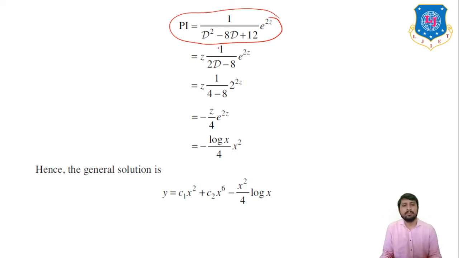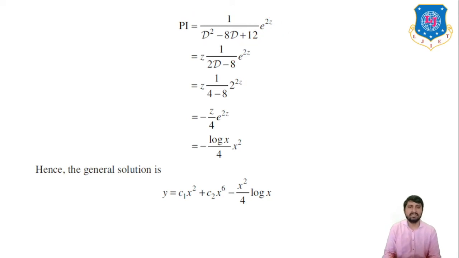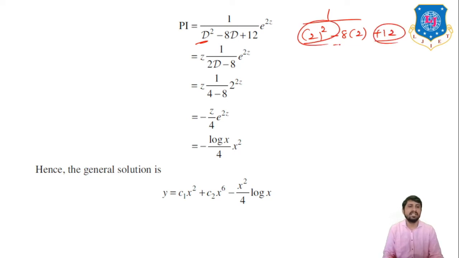So again, you can see that when we take 2 instead of D, the denominator becomes 0. See, 1 upon 2² minus 8 into 2 plus 12, so 4 plus 12, 16 minus 16. So the denominator becomes 0. So that's why one z will be outside.